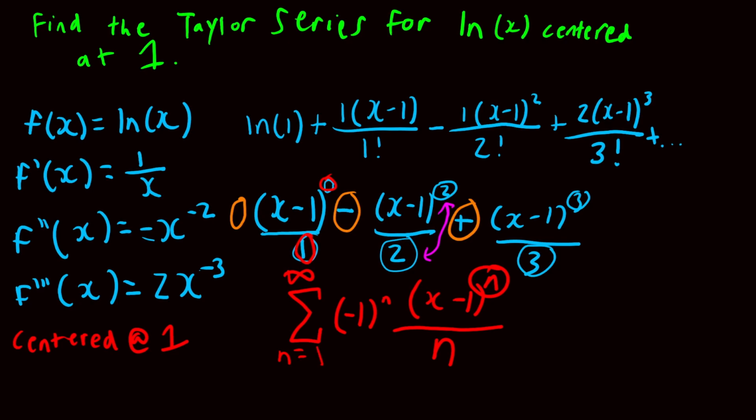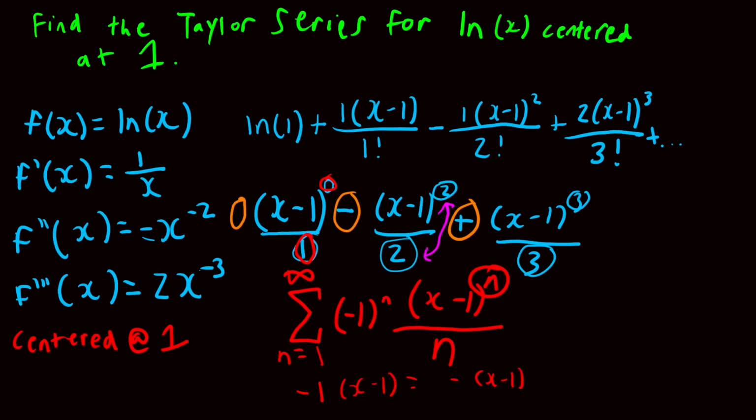Now, the first thing that I like to do, just to check myself, is to actually plug in n and see if my first term matches up. So my first term is x minus 1. So let's just plug in our first term 1. So it's just going to be negative 1 times x minus 1. So this is negative x minus 1. And that is not what we got. We got a positive x minus 1, which means that our first term, negative 1 to the n, has to be positive.